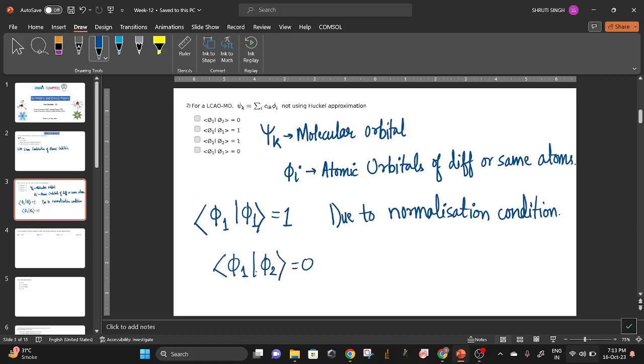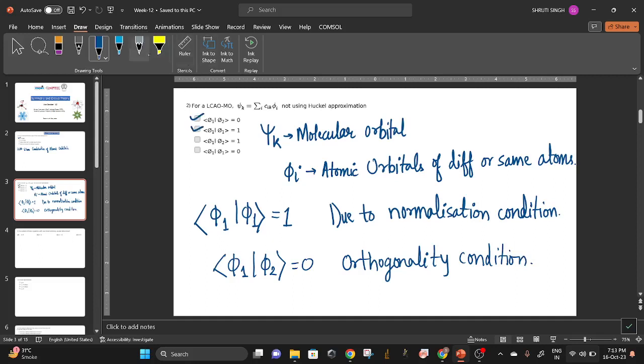So psi 1 and psi 2 of the same atom are orthogonal to each other. That is the orthogonality condition. So the answer to this question is the first one and the second one.